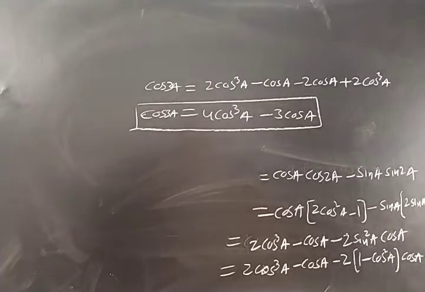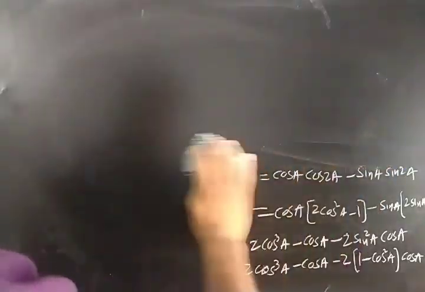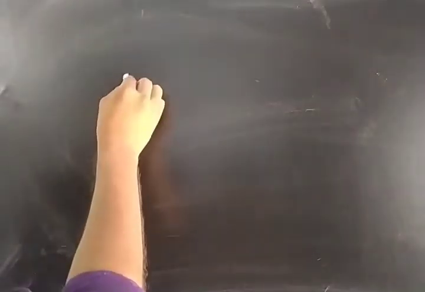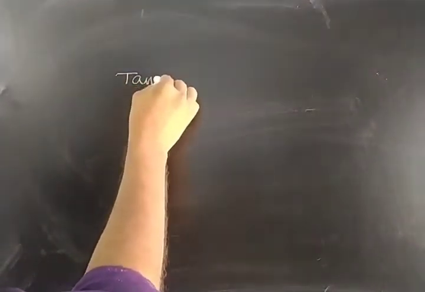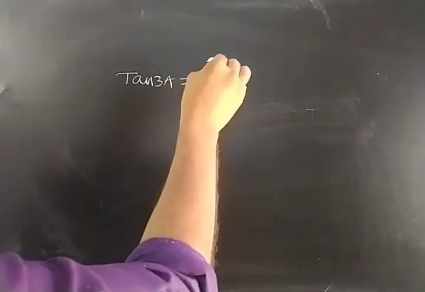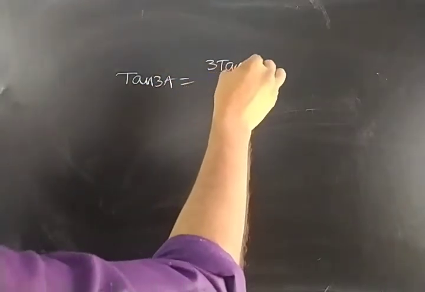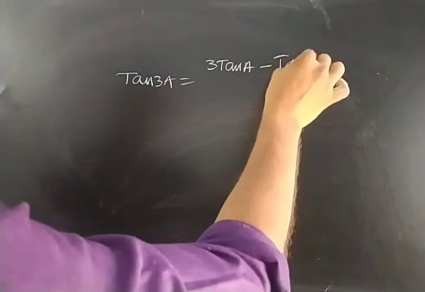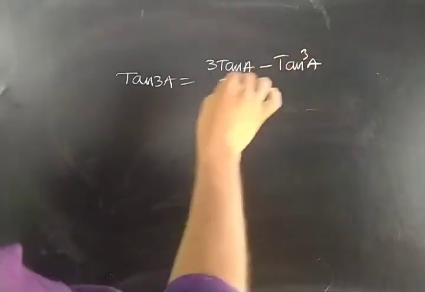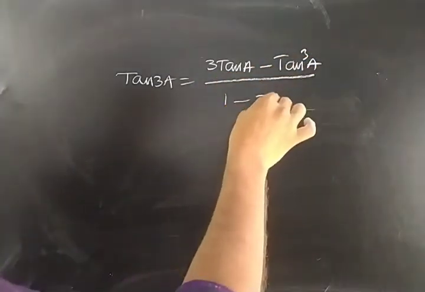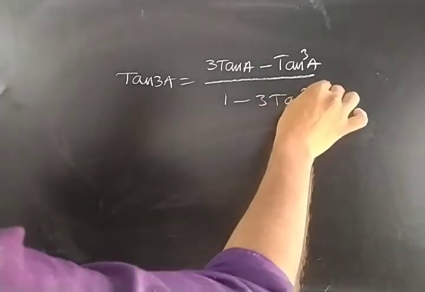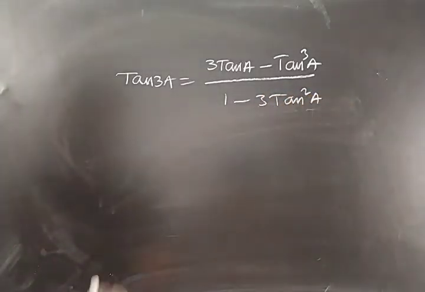Now let us derive the tan 3a formula. The next identity: tan 3a equals 3 tan a minus tan cube a by 1 minus 3 tan square a. Let us prove this.